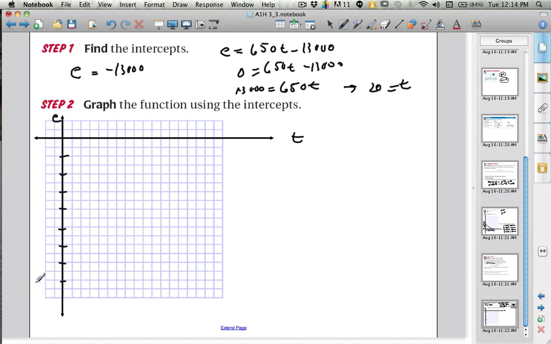Well, that's too many. I'll just have to go by 1. So 16. This is 2, 4, 6, 8, 10, 12, 14. So right here, all of these being negative, of course. Right here is negative 13,000.